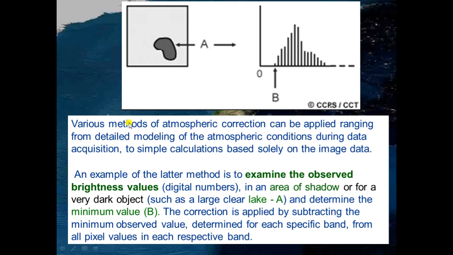Various methods of atmospheric correction can be applied, ranging from detailed modeling of the atmospheric conditions during data acquisition to simple calculation based solely on the image data. An example of the latter method is to examine the observed brightness value in an area of shadow or for a very dark object such as a large clear lake, and determine the minimum value.